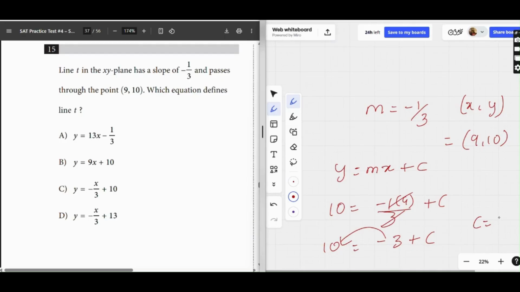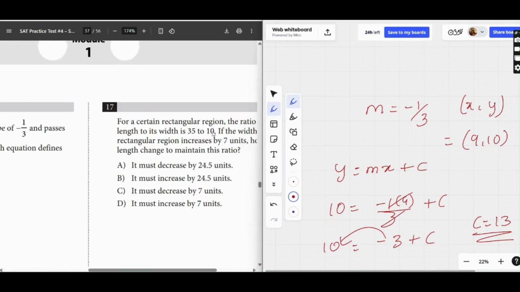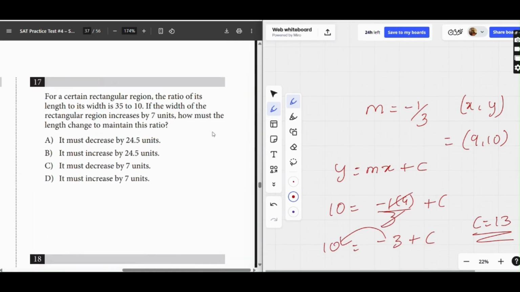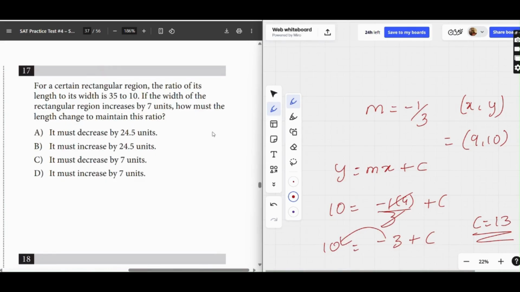So 13 is what c, the constant, is. So the equation is quite simple. Where you see this plus 13 in the place of c among the options, option D. So that's what your answer is. Just make sure to remember the slope formula. It's a line slope. And yep, question number 17.